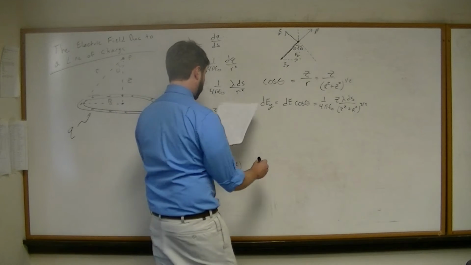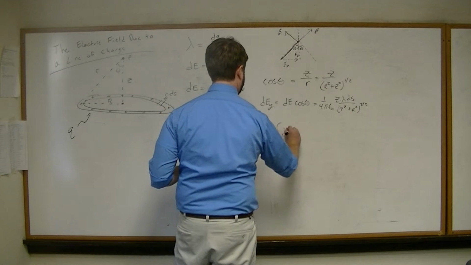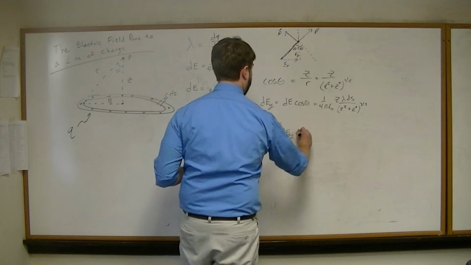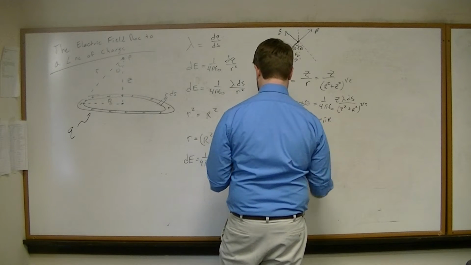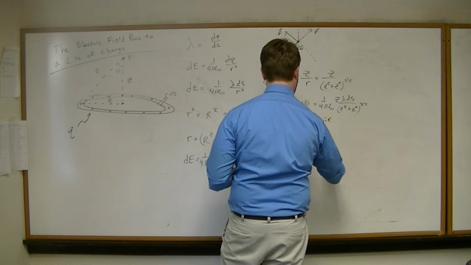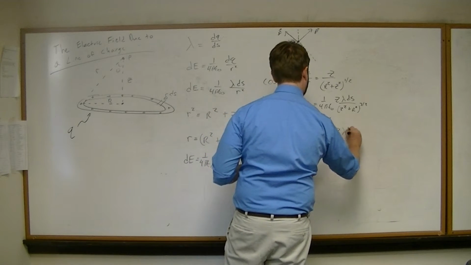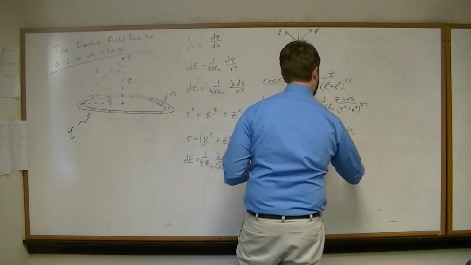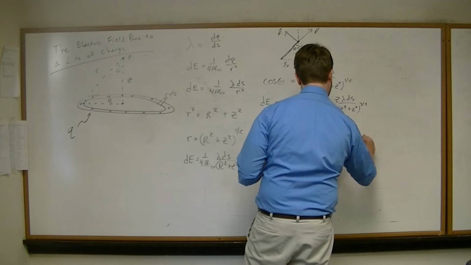So to get the total electric field, we are going to integrate dEy, and that's going to be an integral from 0 to 2 pi r of 1 over 4 pi epsilon naught z lambda ds over z squared plus r squared to the 3/2 power.